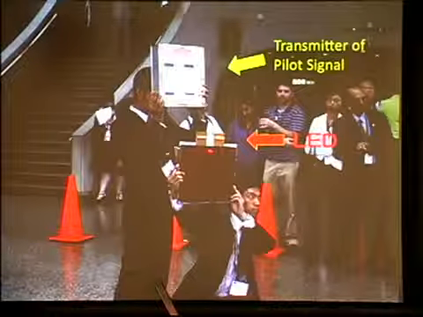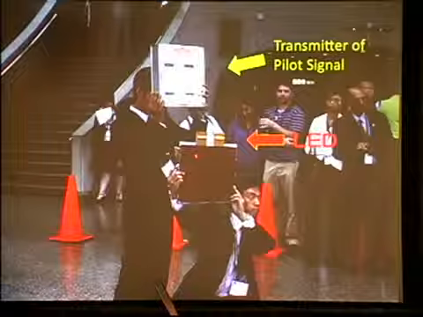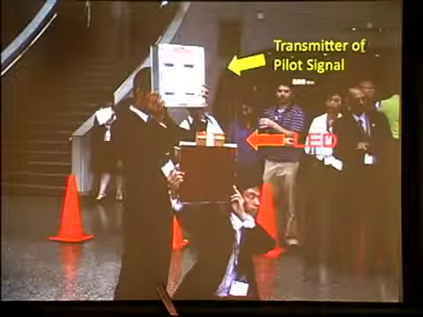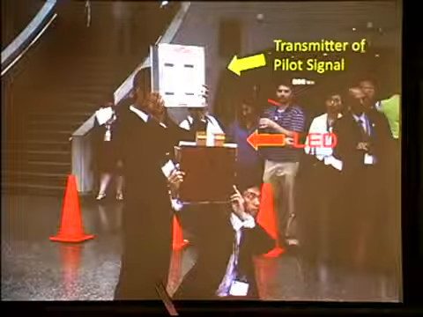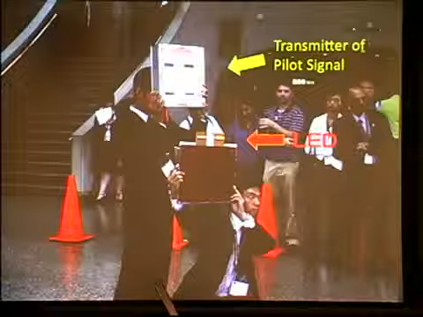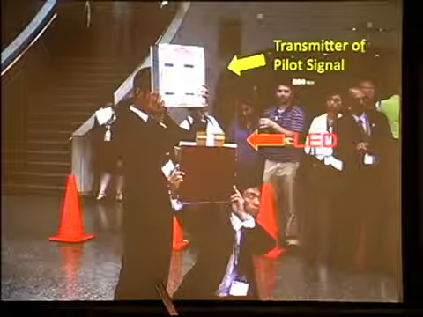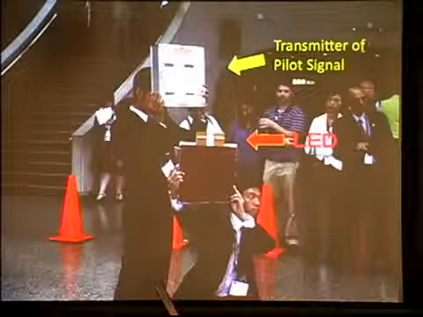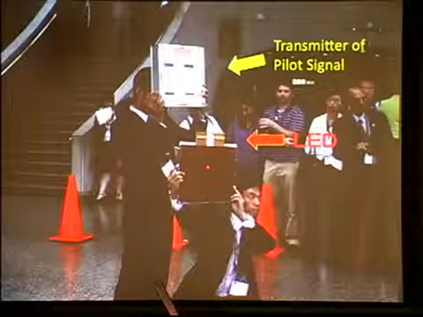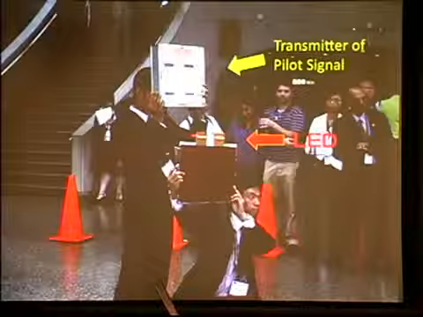And you can see this is the patch antenna, connected to the LED lamp. The microwave is concentrated to the pilot signal transmitter, so it receives microwave power to turn on the LED lamp.